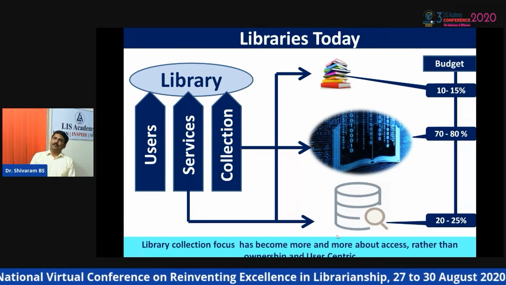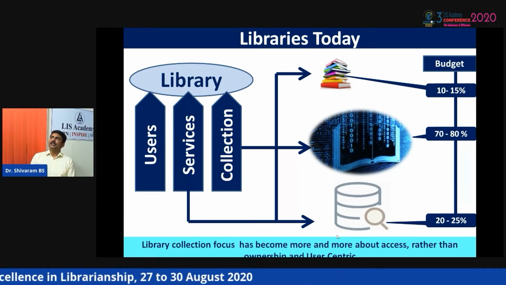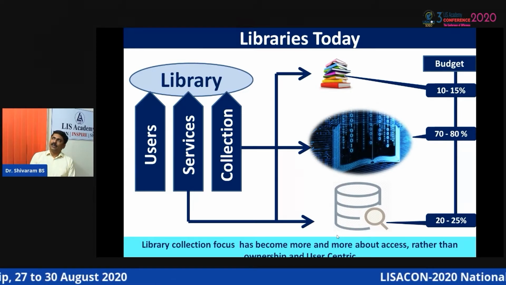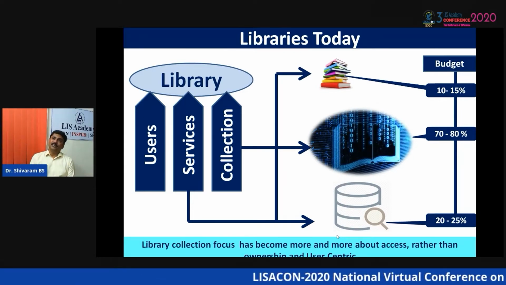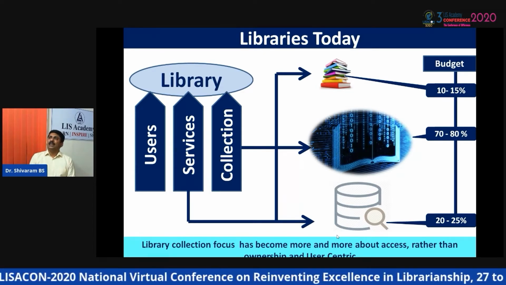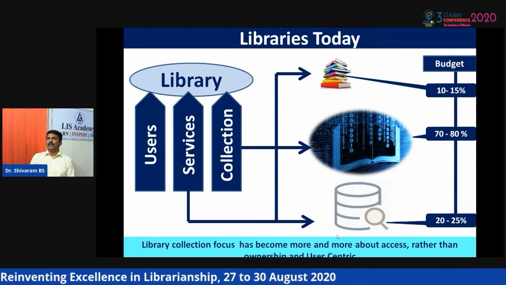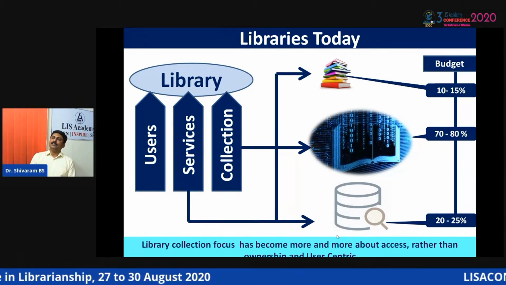Libraries used to acquire a lot of print resources, and the major share of their budget used to go to print. With the advent of digital technologies and e-publishing technologies, the focus has shifted from print to digital. Of course, it has its own advantages.